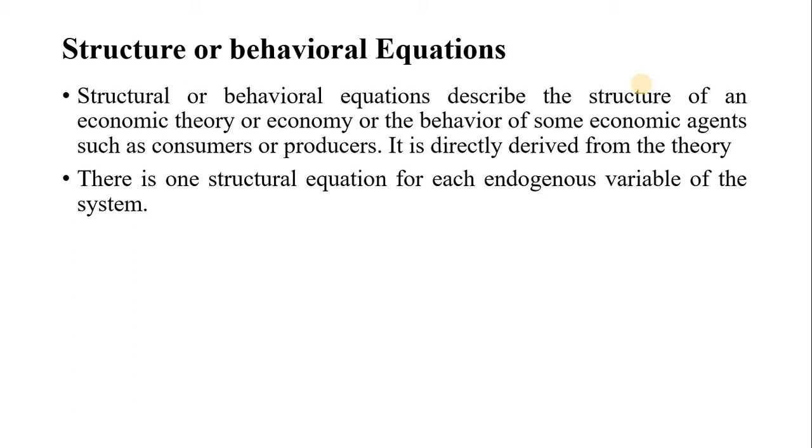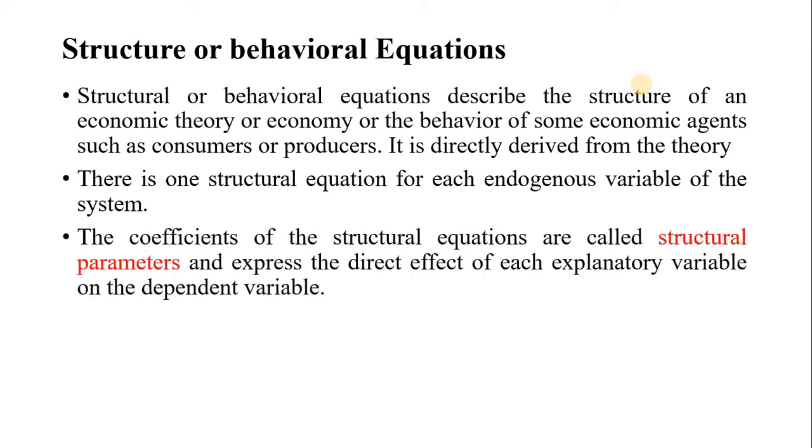In the next equation, Yt is equal to Ct plus It plus Gt, Ct and Yt also appear. So we have two equations, one for each endogenous variable. For the first equation, the endogenous variable is C. In the second equation, it is Y. There will be one structural equation for each interdependent or endogenous variable.